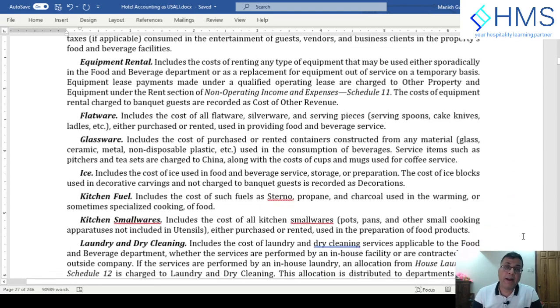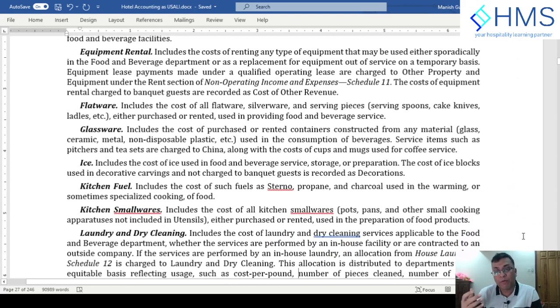Flatware are items like spoons, forks, ladles, which may be made of silver, or of any material, maybe bamboo as well. The cost of such flatware, silverware and serving pieces, serving spoons, cake knives, ladles, will be charged to flatware.